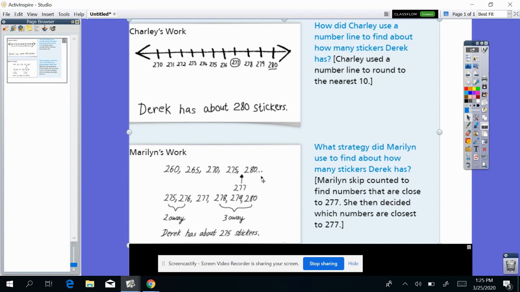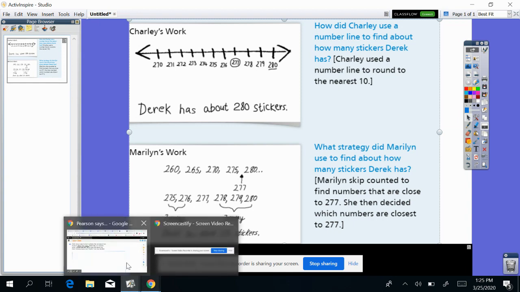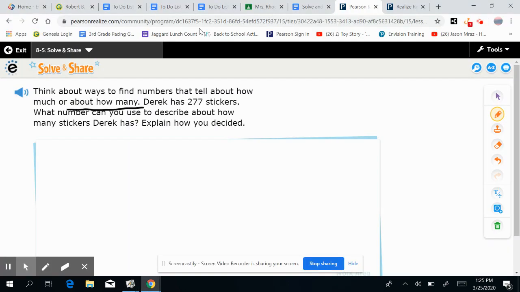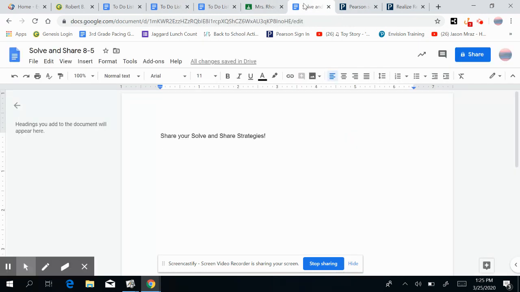Now, I'm going to have for you guys this document that has Stop and Share 8-5 if you want to share the strategy that you used to solve this problem.